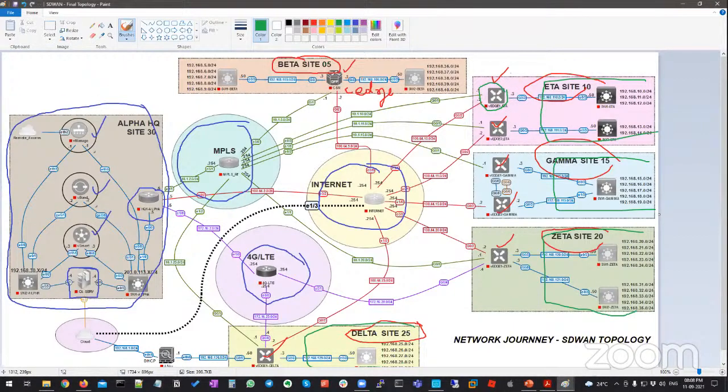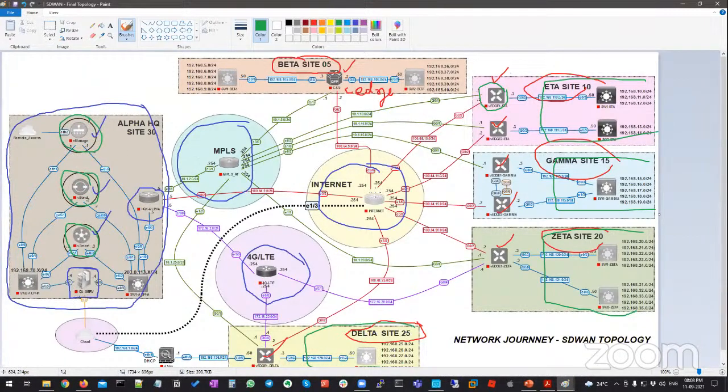Okay, virtual is only used for your lab and testing environment only. Production never uses a virtual environment. You need to use the physical device only. But in the case of your controllers, these are only virtual. They are never going to be physical.